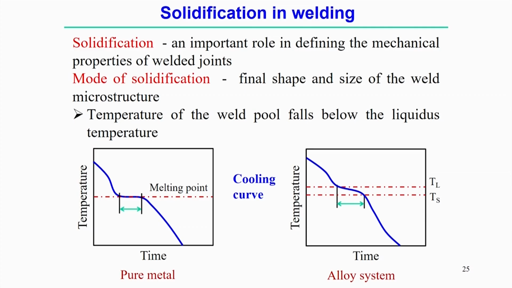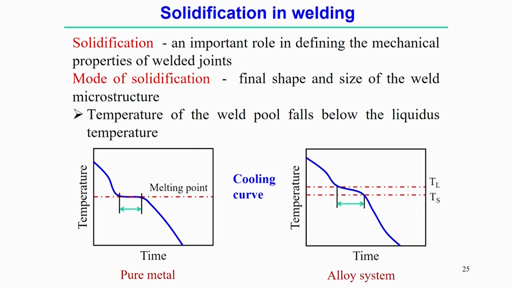The molten pool gradually solidifies and comes back to ambient temperature, or the service temperature. During the cooling period, the thermal cycle, the time-temperature cycle, and the rate of cooling are very significant in the solidification process of any welding process, because the solidified structure actually decides the mechanical properties of the weld joint.